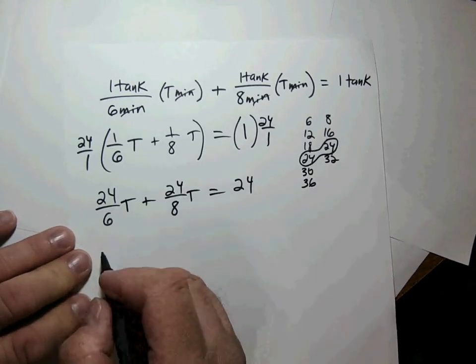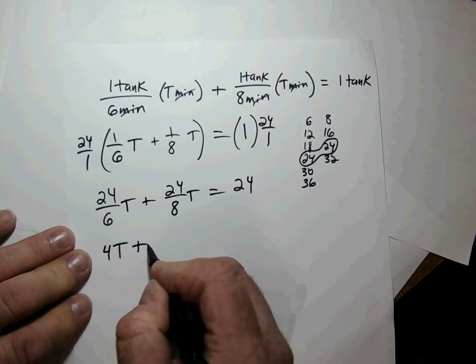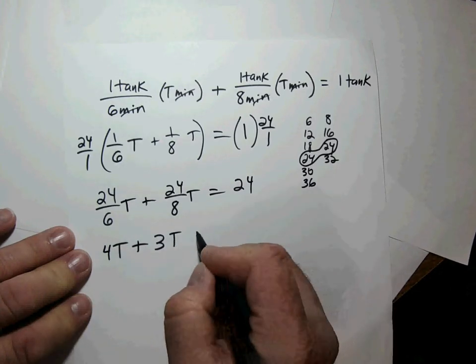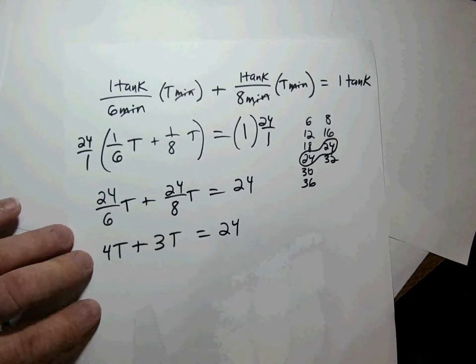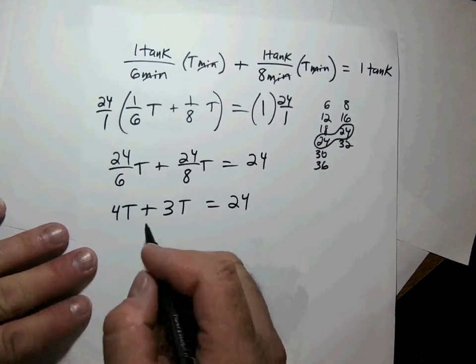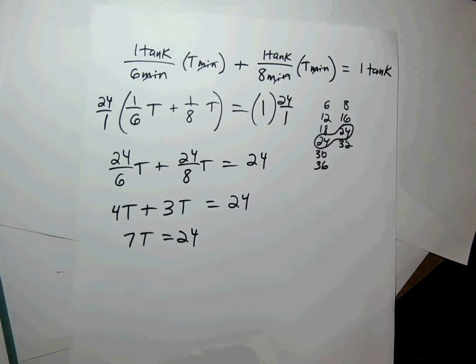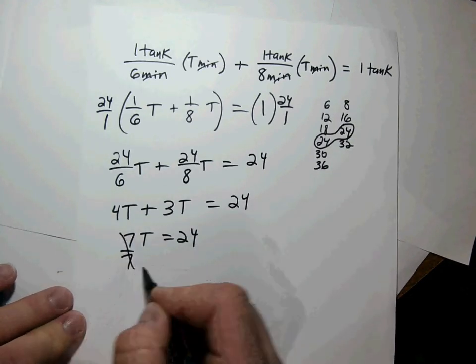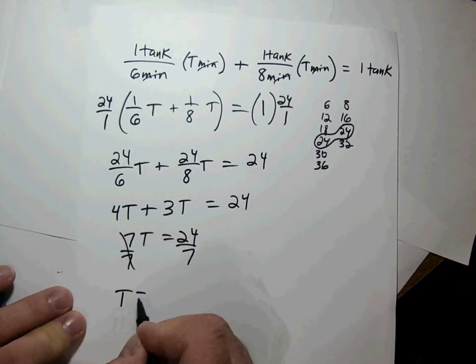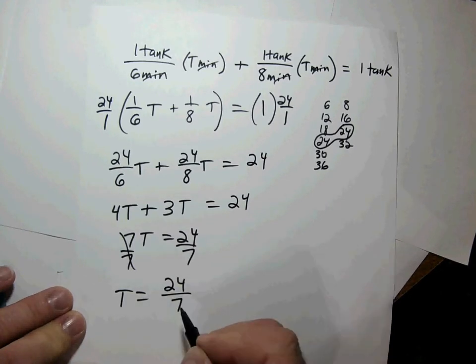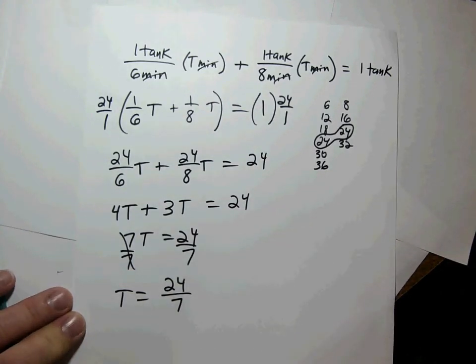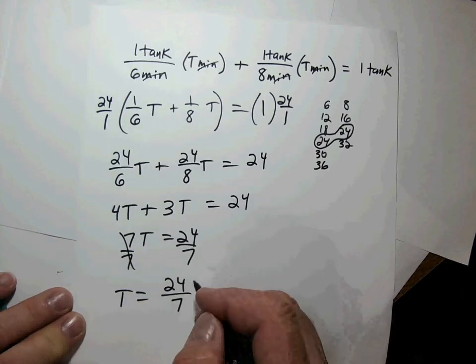These fractions now divide away nicely. 4t plus 3t equals 24. Add those t's together, I'm going to get 7t equals 24. Divide by 7, divide by 7. T equals 24 over 7 minutes, right? T is in minutes. Well, what is that?